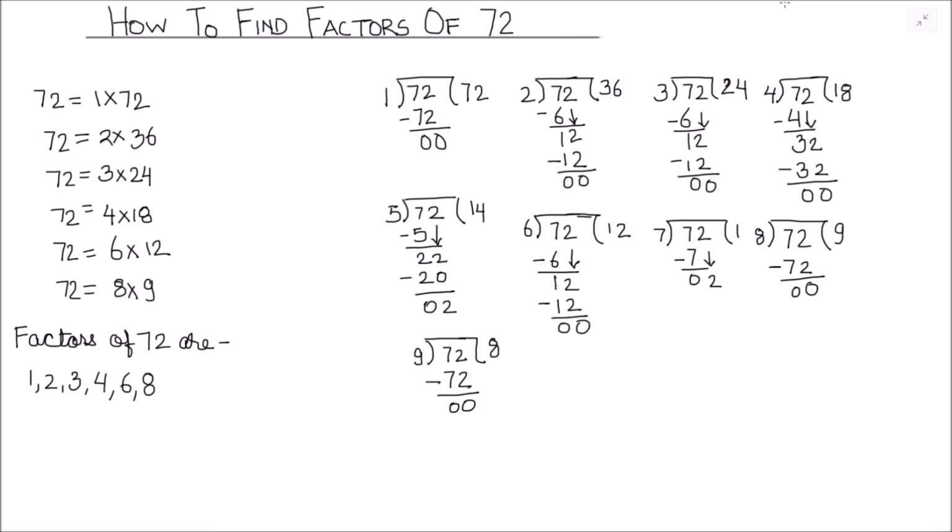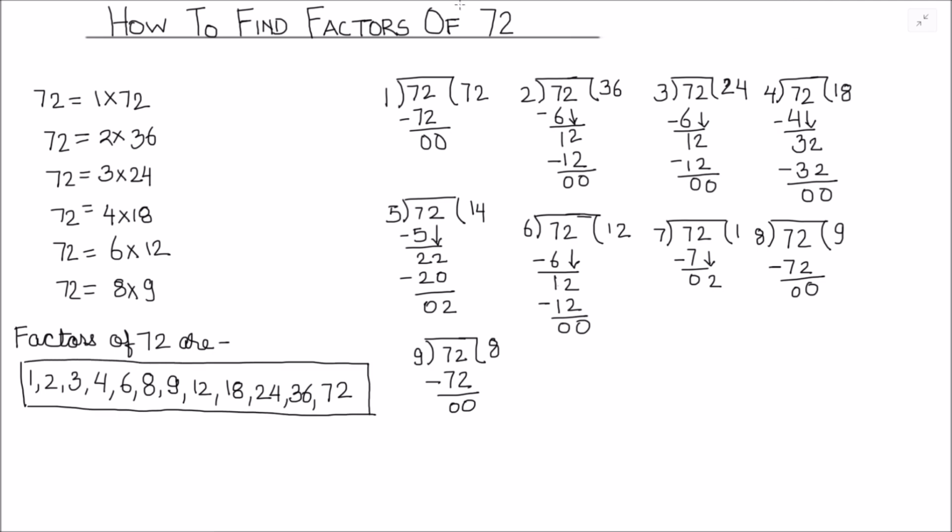Then after 8 we are going to write the second numbers: 9, 12, 18, 24, 36 and 72. So these are all the factors of 72.